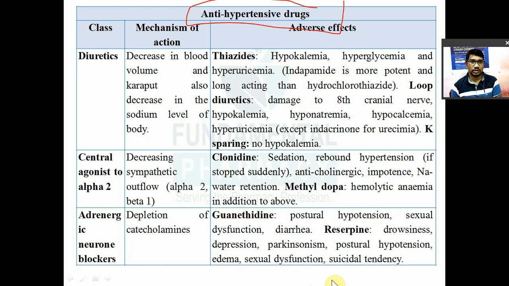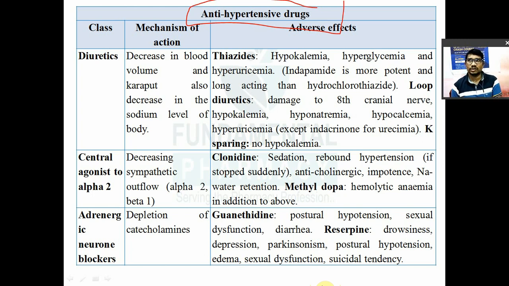After that, some drugs block the alpha and beta receptors. Alpha blockers, non-selective and selective. Beta blockers, selective and non-selective. Beta blockers with additional sympathomimetic activity, beta blockers with alpha blocking activity, and beta blockers with vasodilator property. We have seen that class.